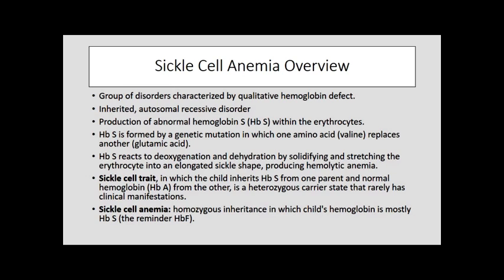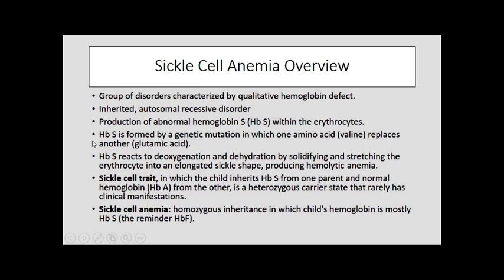These people have a production of an abnormal type of hemoglobin that is called hemoglobin S. Or some people can have what is called hemoglobin C. It's less frequent than hemoglobin S. And this occurs because of a point mutation, a genetic mutation in which there is a substitution of one amino acid by another.